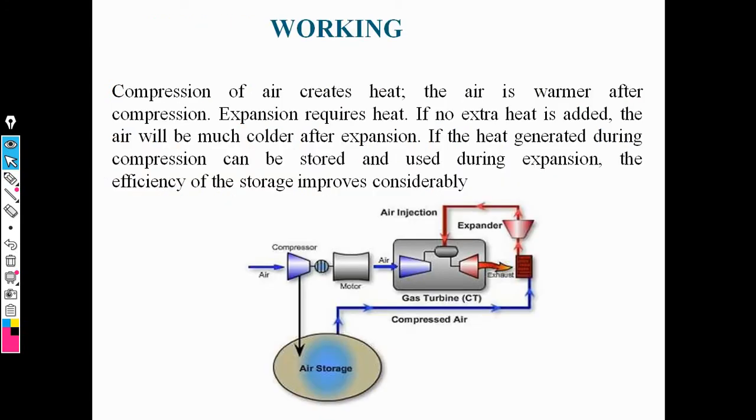Now this is the exact working of the compressed air energy storage system. A large amount of air is inserted into the compressor, which is a low pressure compressor and high pressure compressor, and this compressor is run with the help of a motor. A large amount of compressed air passes through the turbine, that is, the low pressure turbine and high pressure turbine, and this air energy is converted into mechanical energy with the help of a gas turbine.